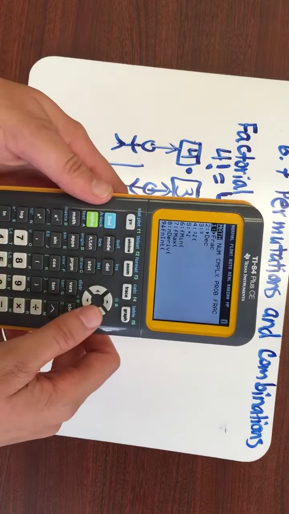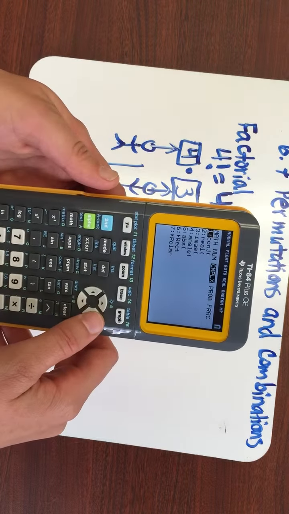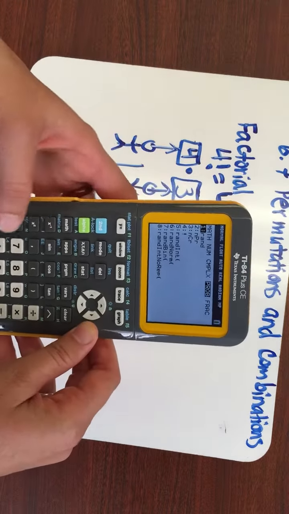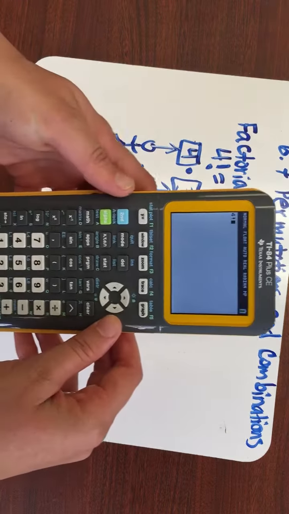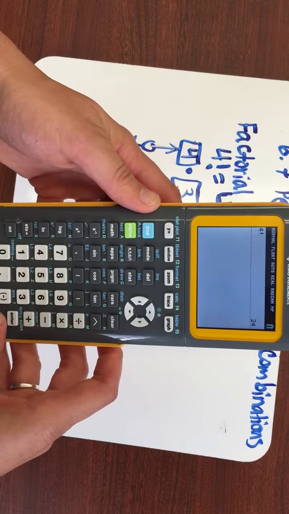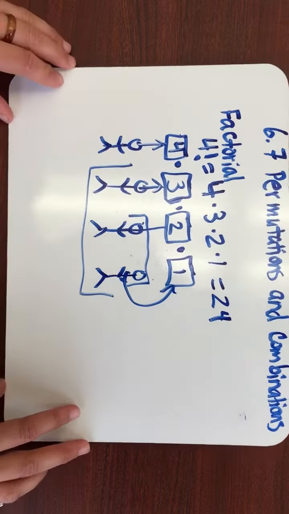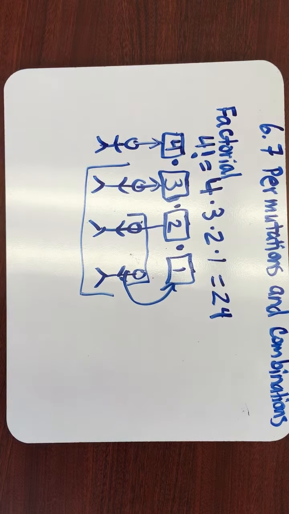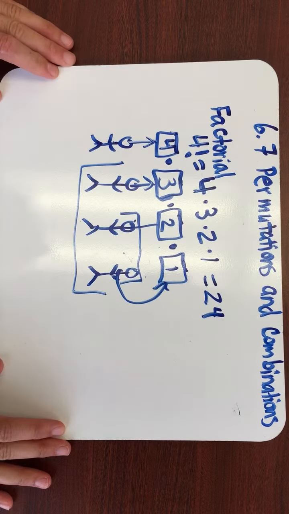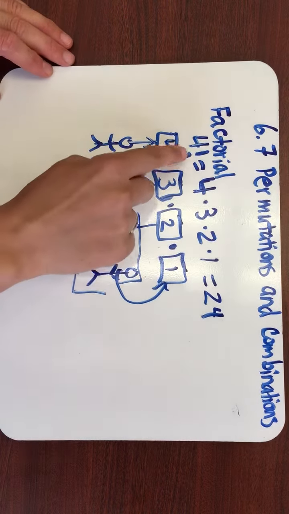You're going to arrow over to Probability. Then we're going to use number 4 for the factorial. Then we press Enter and we get 24. So that's by using the calculator. It also has it on the smartphone if you turn your phone. It has factorial and it looks just like that.